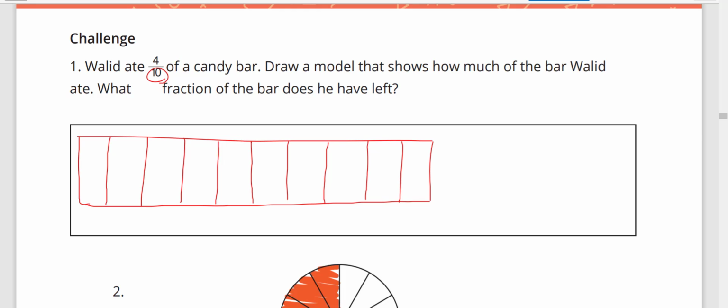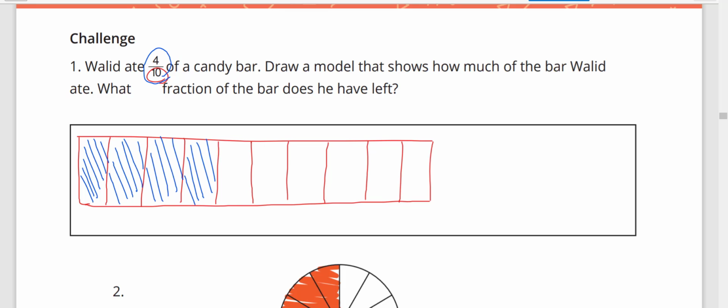Represent this fraction, 4/10, in this model. Shade 4 parts. 1, 2, 3, 4.